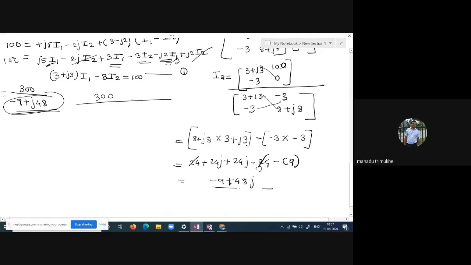300 divided by... you know how to convert rectangular to polar in the calculator. You just go to the complex mode in your calculator. Put in the value: minus 9 plus 48j. Then click on shift, then polar form.